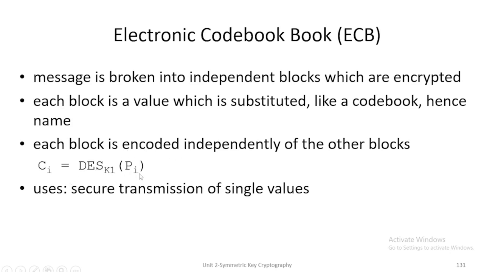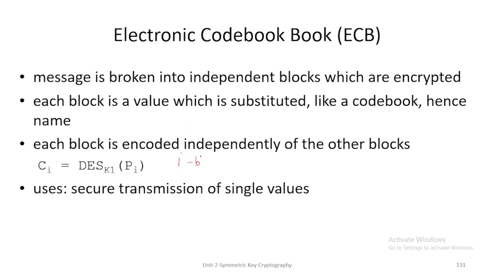Consider the electronic codebook encryption mechanism, in which for all the plaintext blocks, a DES algorithm is implemented with the key K1. Here Pi is available, where i refers to the block number.